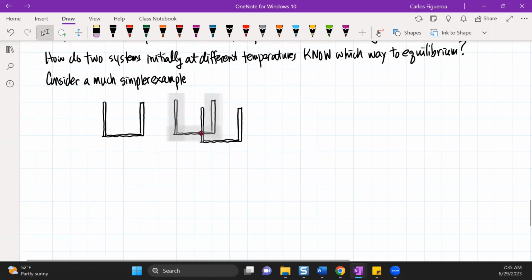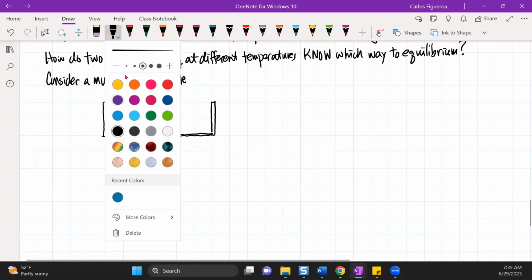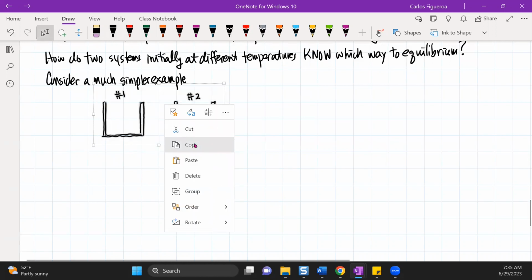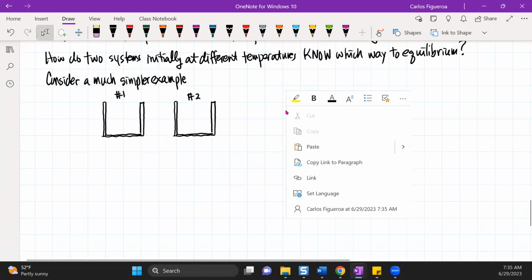I'm going to label this container number 1, and this is container number 2. I'm going to copy this because I want to look at what happens afterwards.